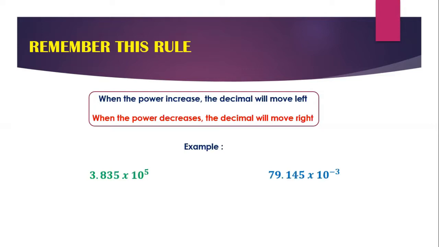Okay, students, I have 2 examples for you. 3.835 times 10 to the power of 5. For this coefficient, there are 4 significant figures, and this one is the power or index.